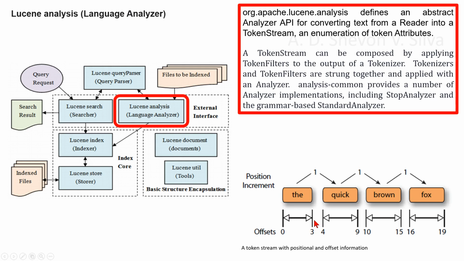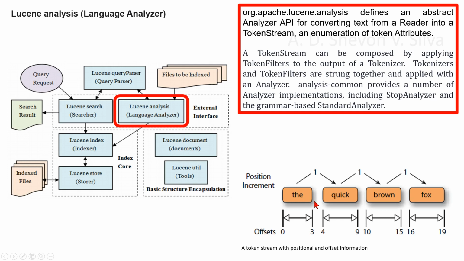These offsets are useful for highlighting matched tokens in search results. The token type is a string defaulting to word that you can control and use in the token filtering process if desired.